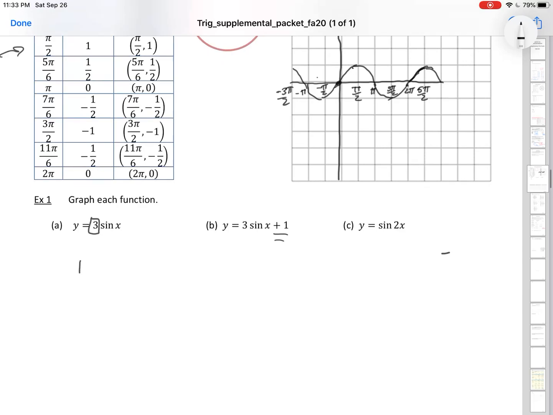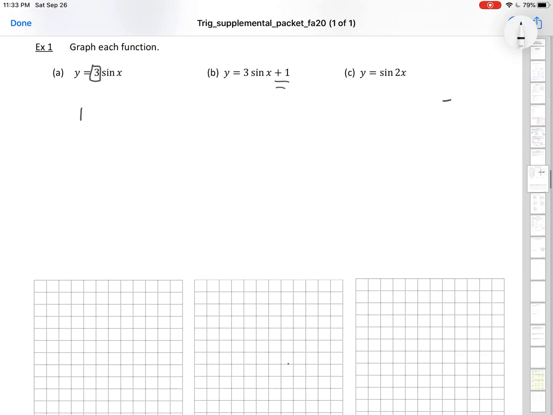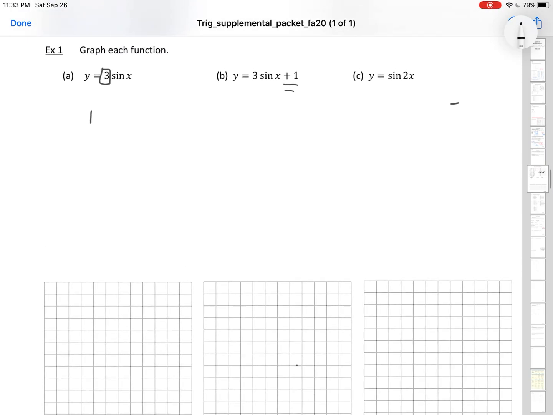So we know what's going to happen for y equals 3 sine x. I said that wrong. Let me just write that right here: y equals 3 sine x, and y equals 3 sine x plus 1, and y equals sine 2x.